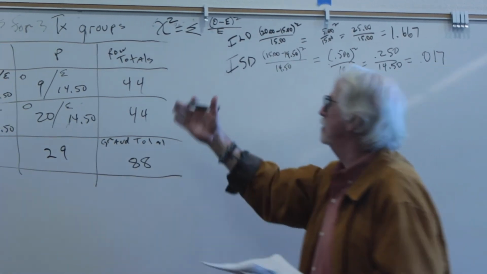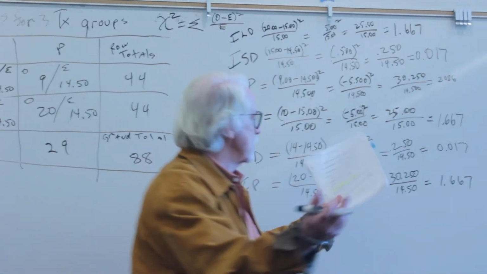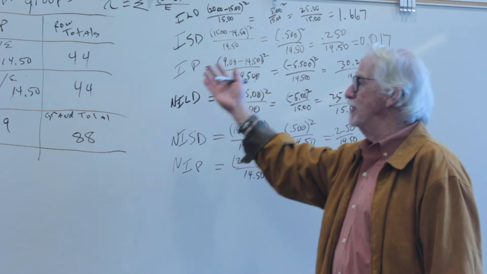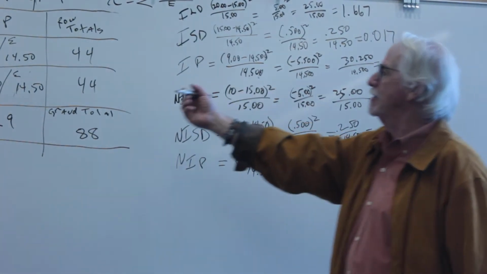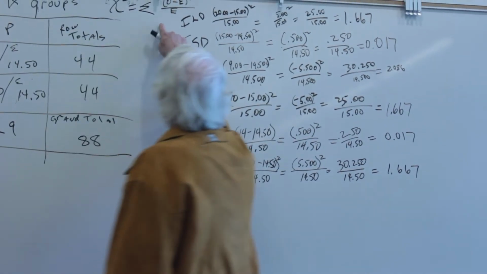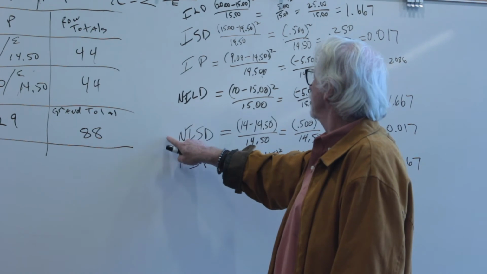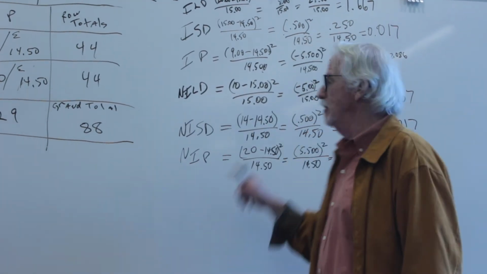And we're going to do it for every box. Like I said, rather than go through all that over and over, this is what it looks like. I did that computation for every box, for every option: improved low dose, improved small dose, improved placebo, not improved low dose, large dose, not improved small dose, not improved placebo.